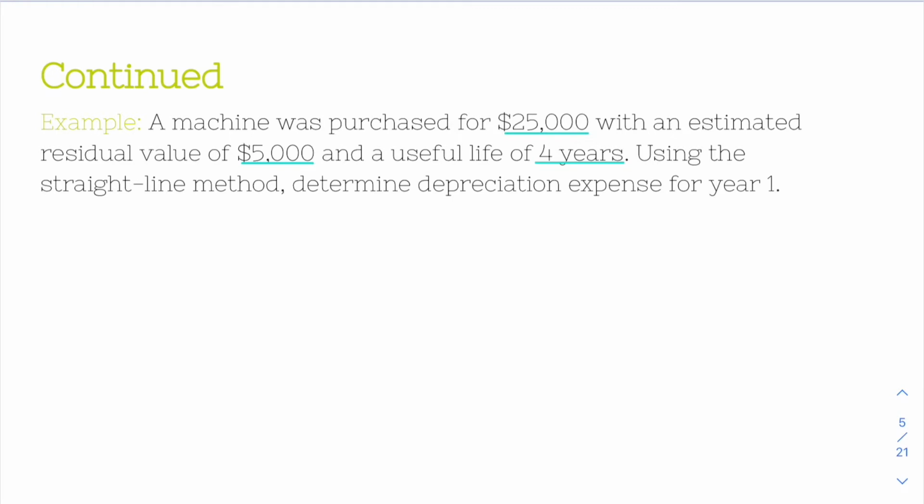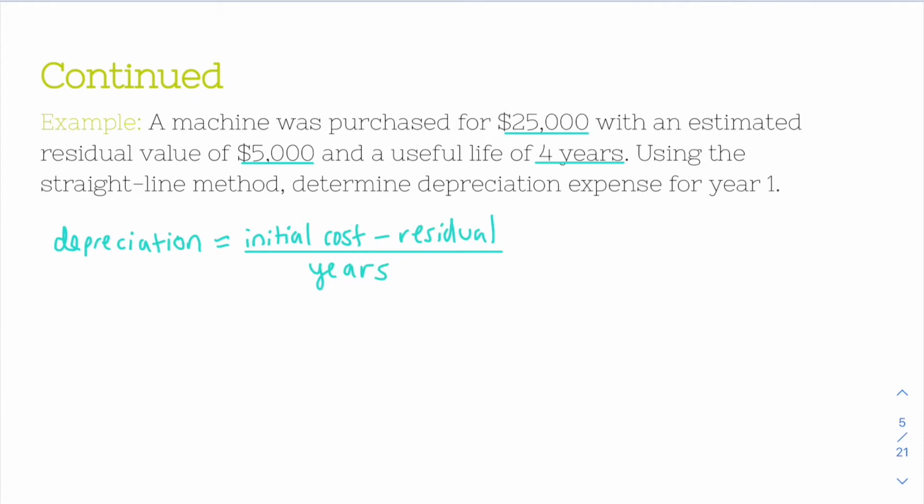So the first way is depreciation expense is going to be equal to initial cost minus residual value divided by the expected useful life, and that is a figure in years. So that would be the initial cost. It was purchased for $25,000 minus the residual value, it tells us is $5,000. And it tells us it has a useful life of 4 years.